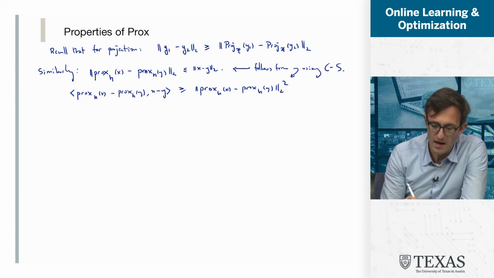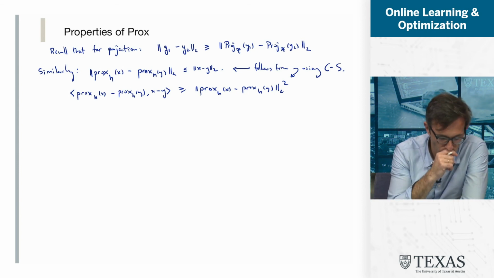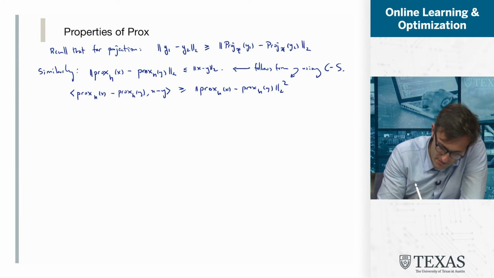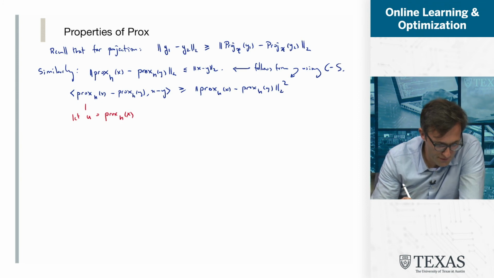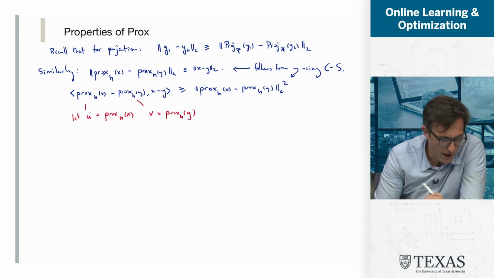Okay, so let's see where this inequality comes from. So let's let u equal the proximal operator applied to x. And let's let v equal the proximal operator applied to y.